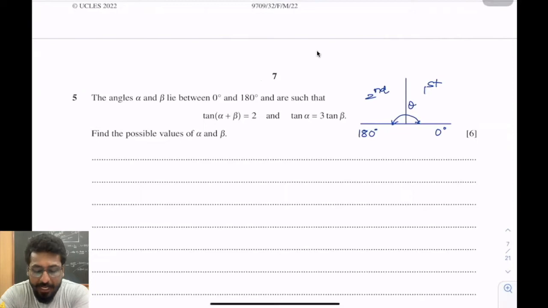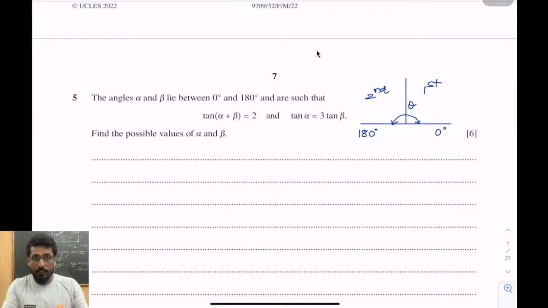Then it is said the angles alpha and beta lie between 0 and 180 and are such that tan of alpha plus beta is 2 and tan of alpha is 3 times tan beta. Find the possible values of alpha and beta. So students, the question is for 6 marks. And I'm telling you, fetching this 6 marks is very simple. So I begin with tan of alpha plus beta.